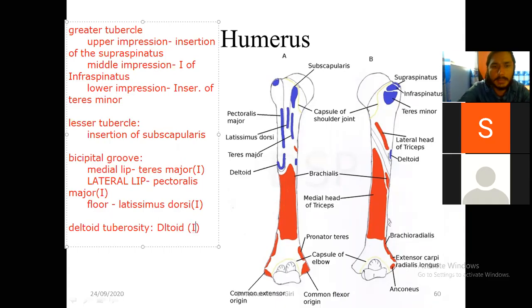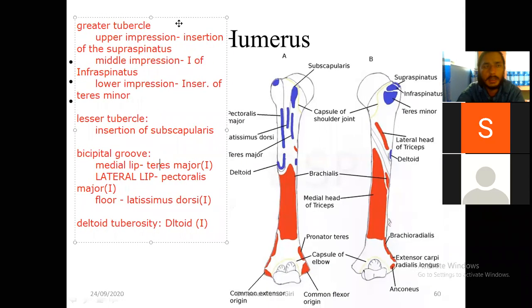I means insertion, okay? These are the muscles inserting in the humerus. It is easy to remember that mostly in the upper end there is the insertion. In the shaft and the lower end, mostly there is the origin of the muscles in case of the humerus. Up to here, any confusion?